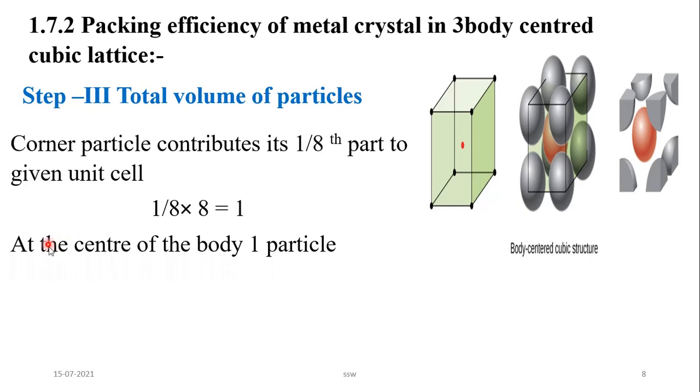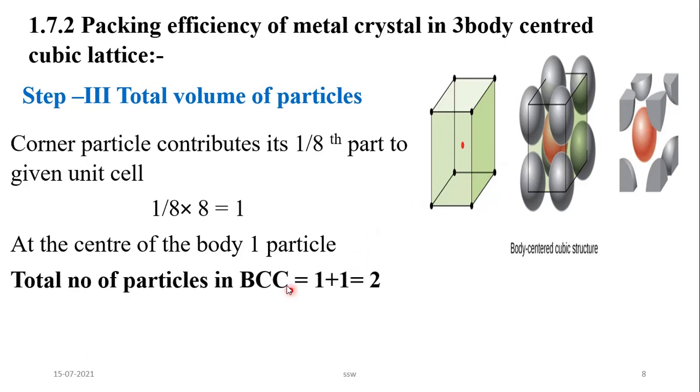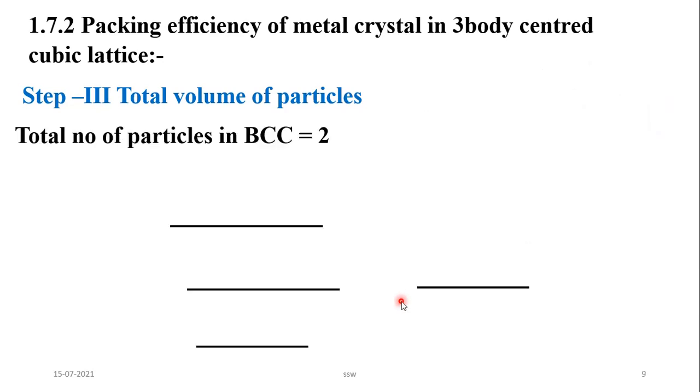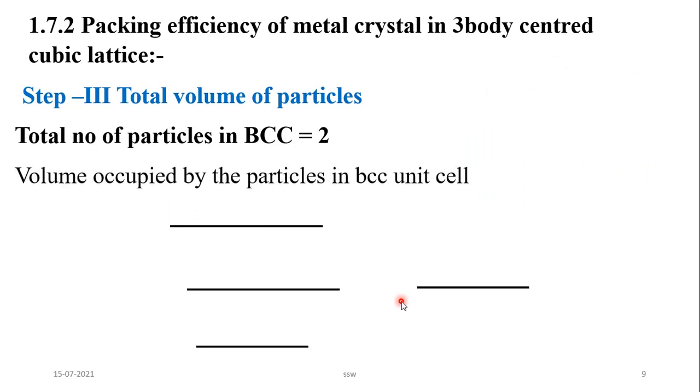And in BCC structure, at the center of the body, one particle is there like this, and therefore here the total number of particles in BCC is equal to 1 plus 1, that is equal to 2. So here total volume of particles, that is for 2 particles, volume occupied by the particles in BCC unit cell is equal to how much?